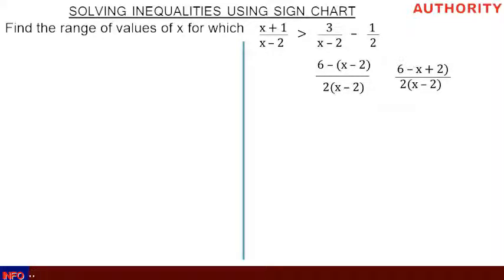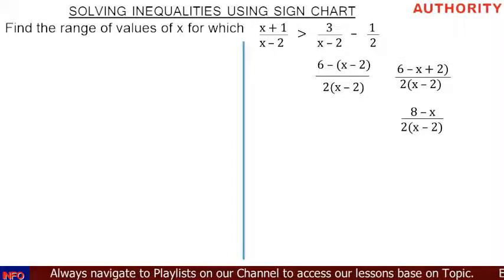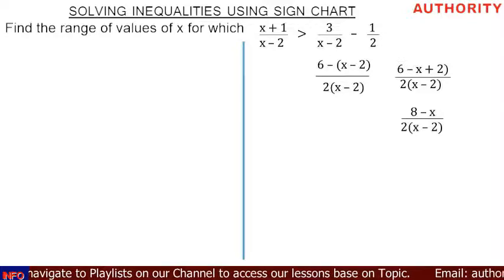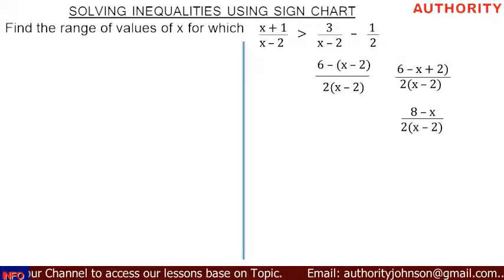All right, now 6 plus 2 gives us 8. So in our numerator we have 8 - x all over 2(x - 2). That means the value we have on our right hand side is (8 - x)/(2(x - 2)).